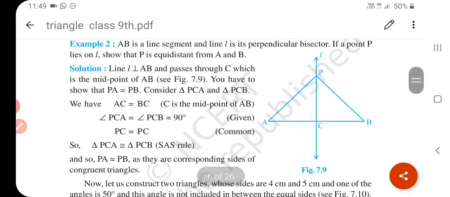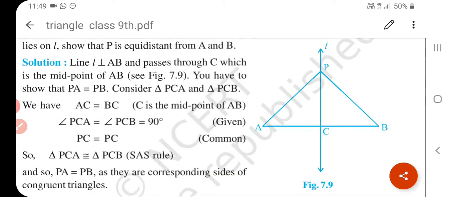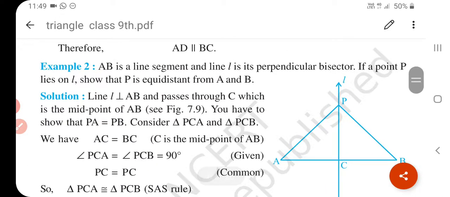Let's see another example, example number 2. AB is a line segment. Line L is the perpendicular bisector. If a point P lies on L, show that P is equidistant from A and B. So we have to show that these two lines are equal.